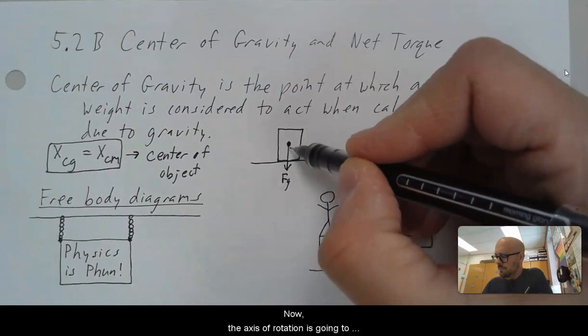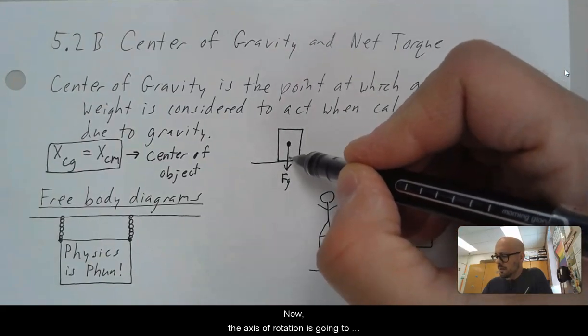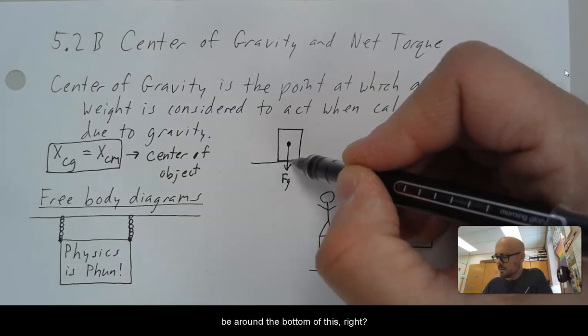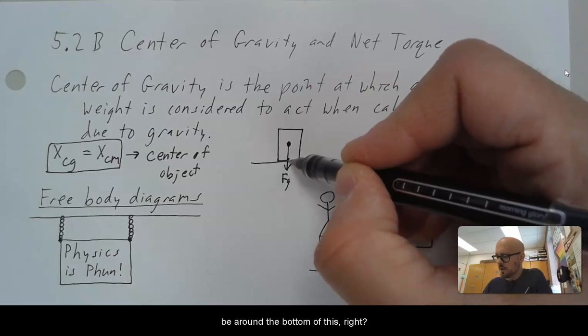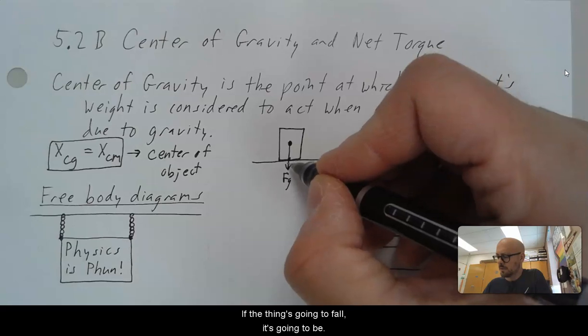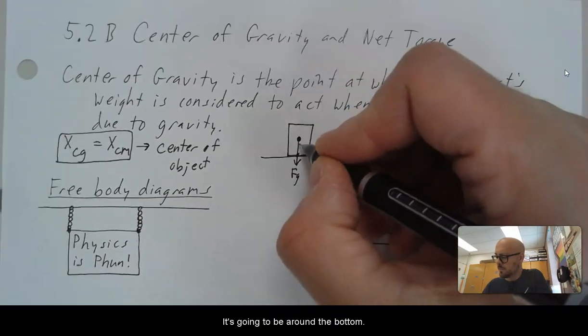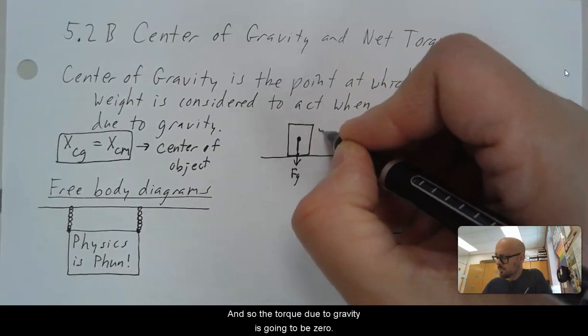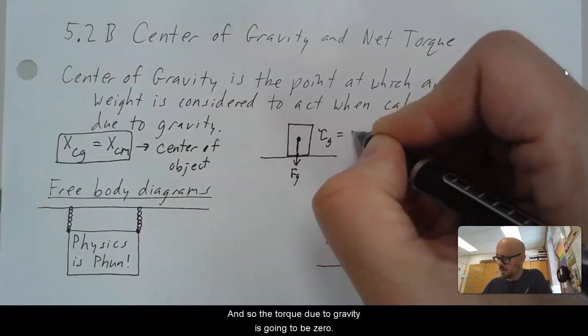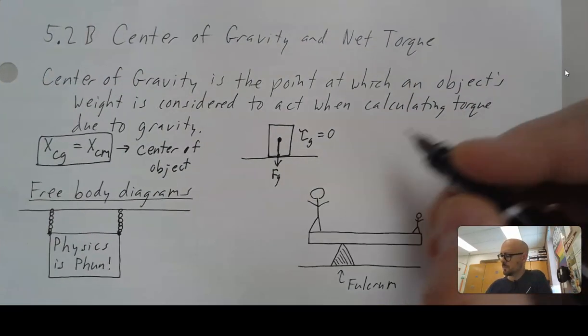Now, the axis of rotation is going to be around the bottom of this, right? If the thing's going to fall, it's going to be around the bottom, and so the torque due to gravity is going to be 0.